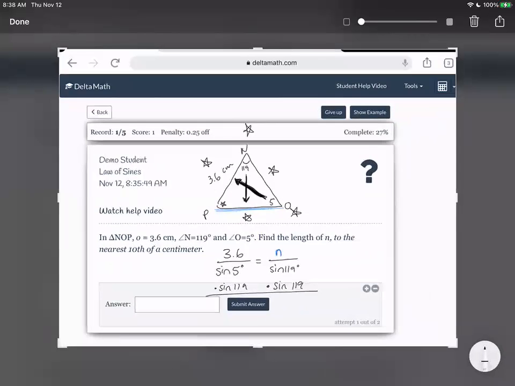Okay, I guess I didn't have that much more space, but 3.6 times sine 119, divided by sine of 5 degrees should equal, those cancel out, should equal N. So I'm going to type 3.6 times sine 119 divided by sine of 5. Any questions before I just go ahead and type this in?